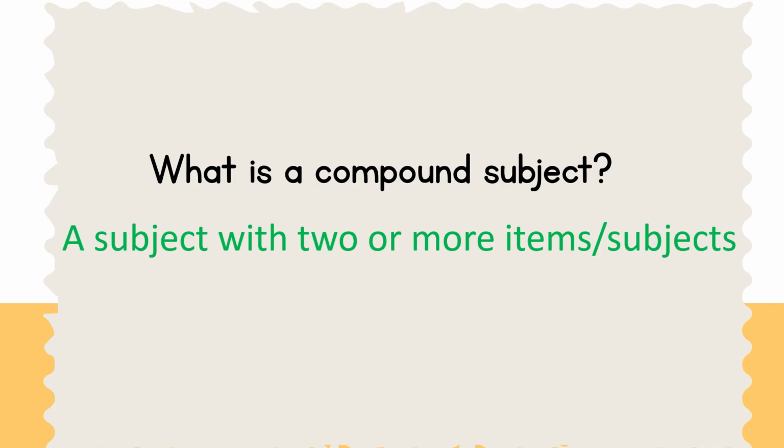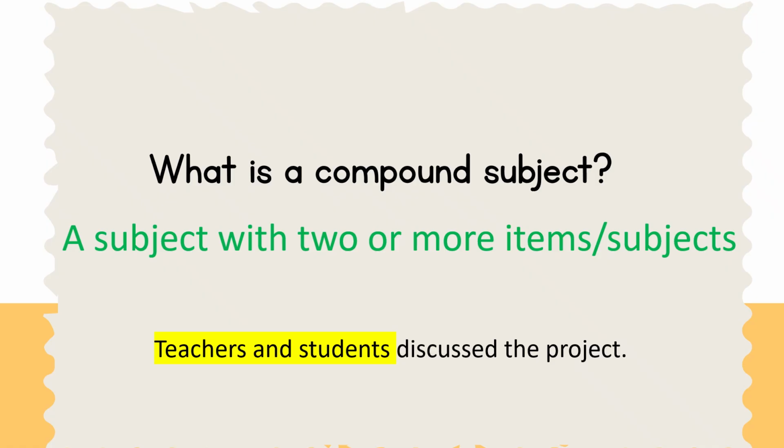A compound subject is a subject with two or more items or two or more subjects. In other words, two or more mini subjects form one bigger subject, and this bigger subject is called a compound subject.